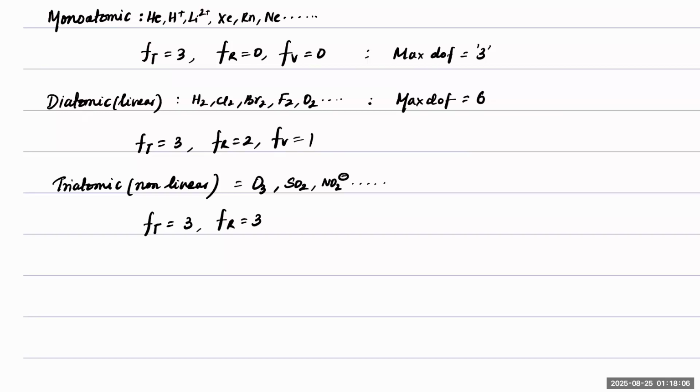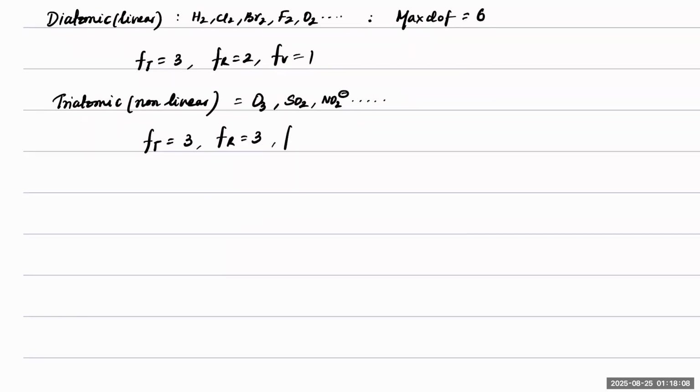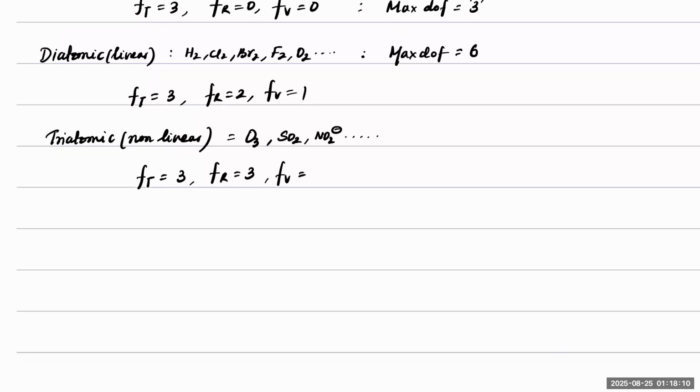So yes, in that case, what will be vibrational then? Vibrational has to be the total number minus 6, correct? Everybody, the maximum number is how much? So you can see the maximum DOF in this case, because these are 3 atoms, 3 atoms, and 3 atoms, okay. So in that case, we can say 3 into 3.